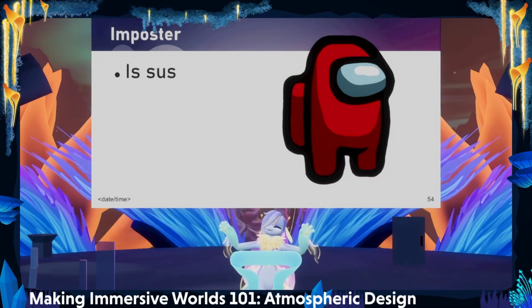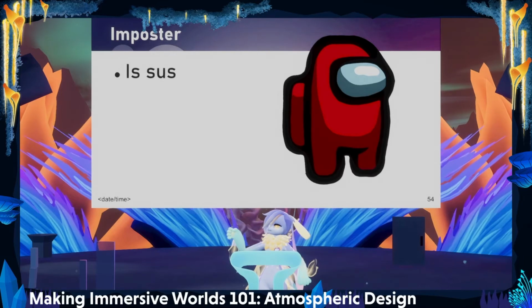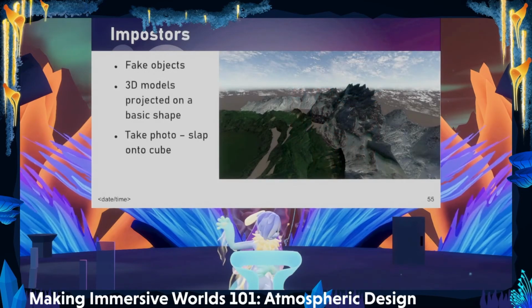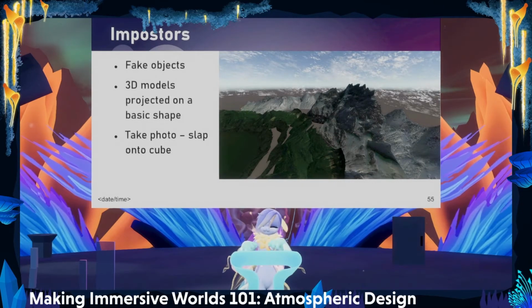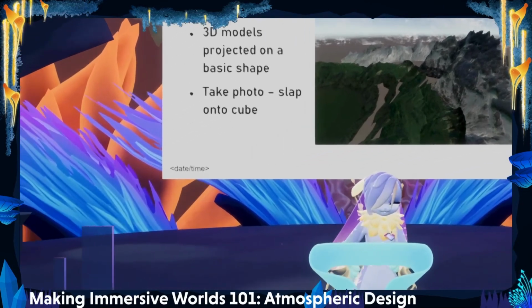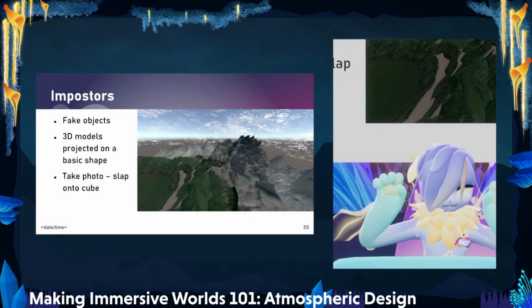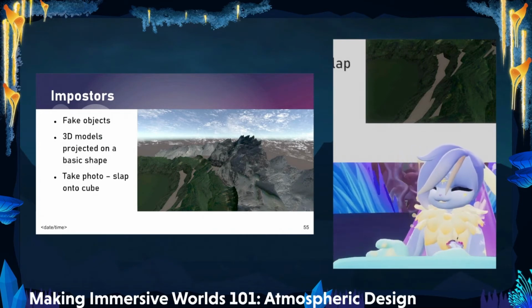All right, the secret technique is imposter. Wait, sorry, I'm not being sus here. I mean this imposter. This is one of your friends. This is what we call fake objects, and they are essentially 3D screenshots or 3D models projected on a shape. Let's say I have a picture of someone.